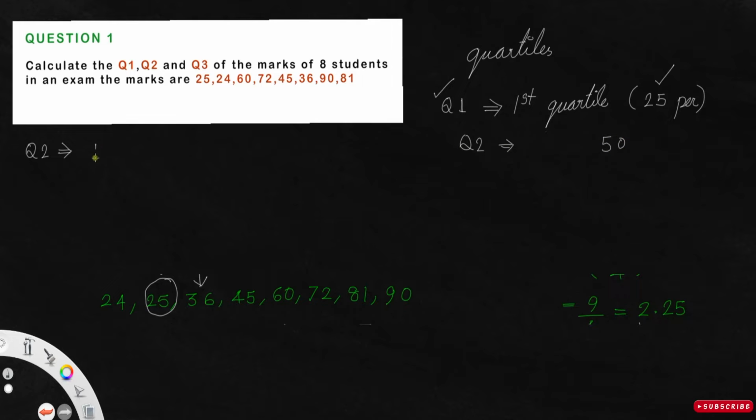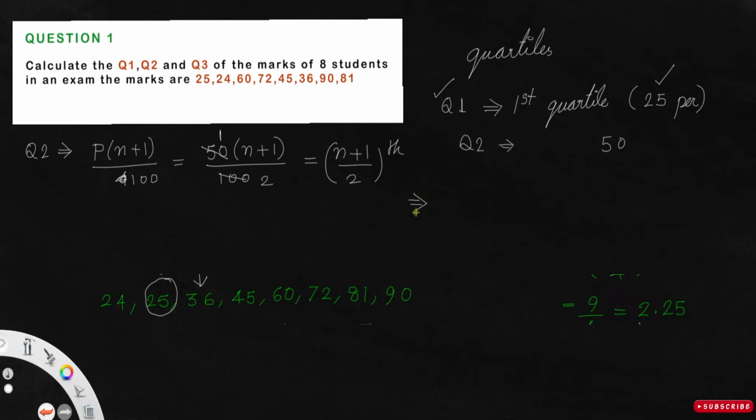So I can use the formula P into n plus 1 divided by 100. Instead of P, I can put 50. So 50 into n plus 1 divided by 100. 50 in 50 is 1 times, in 100 it will be 2 times. So n plus 1 by 2th item.